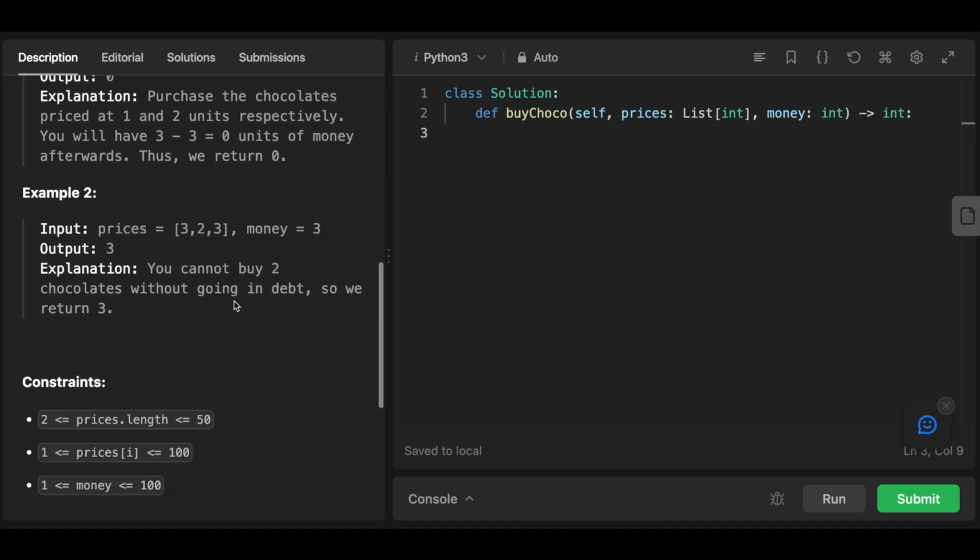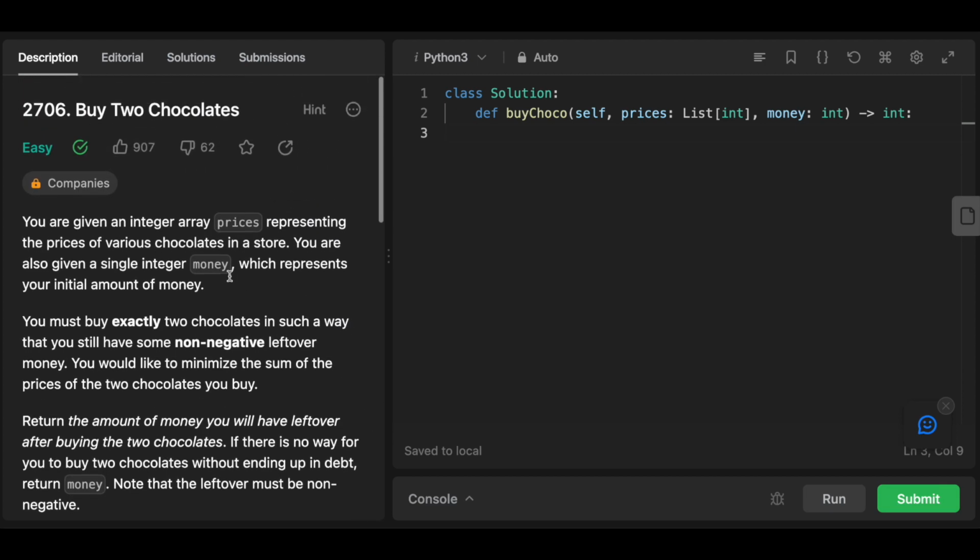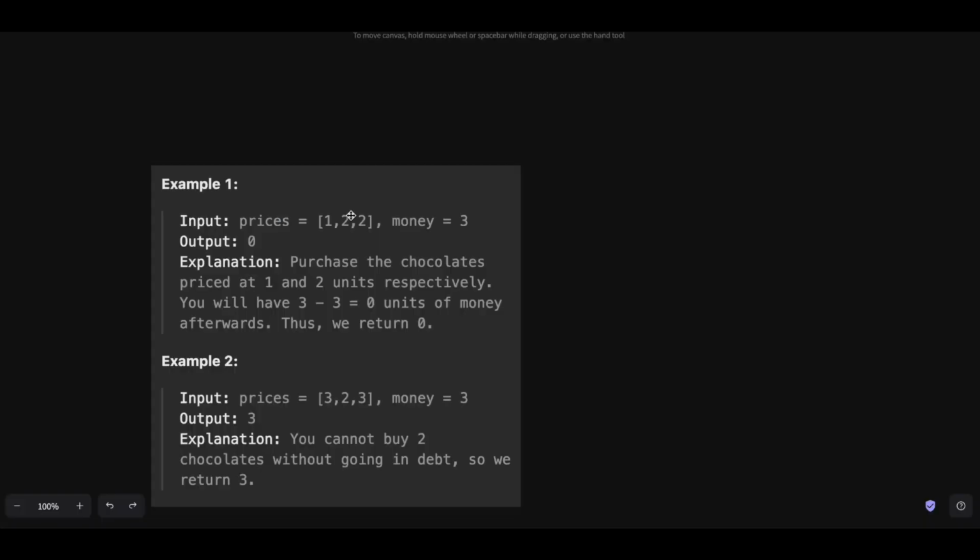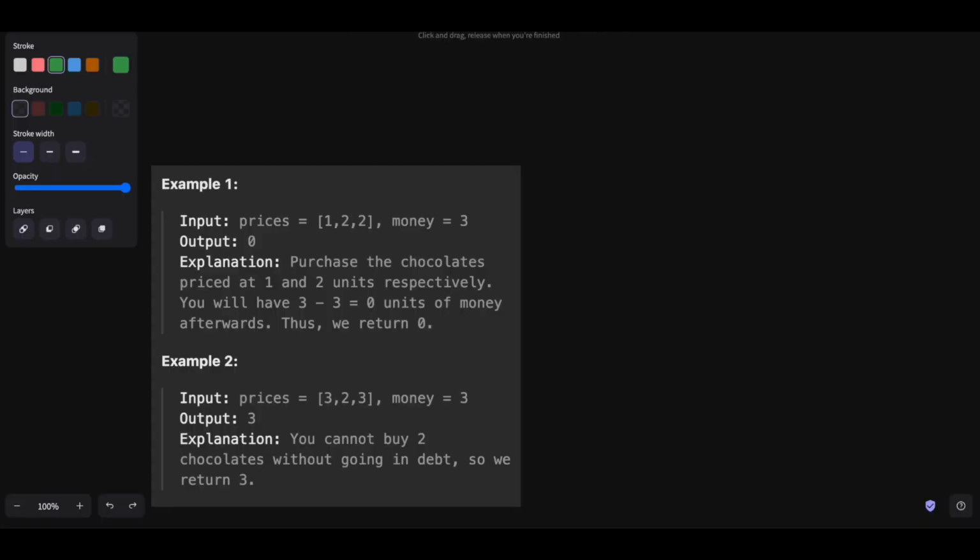Okay, so we have these 2 examples here, and I did import them over here, and let's go through them. We have some list of chocolates and their prices and some starting money.